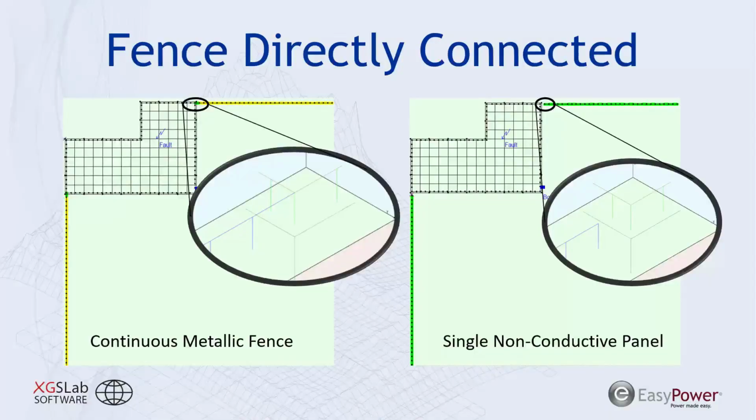So this first slide demonstrates a relatively more simple transfer voltage hazard to resolve. On the left-hand side, we have a substation, and during a fault, we have a voltage that's transferred out along a neighbor fence.